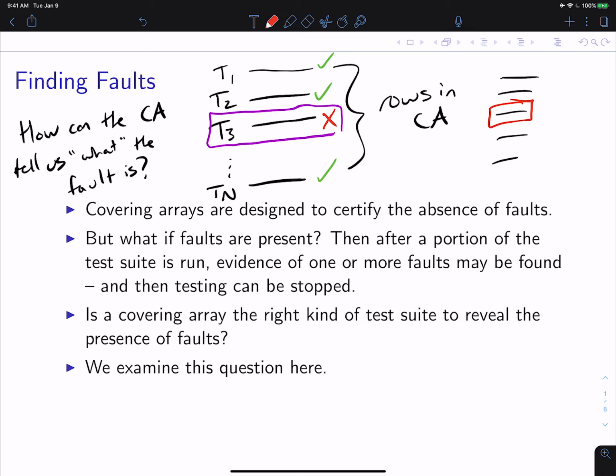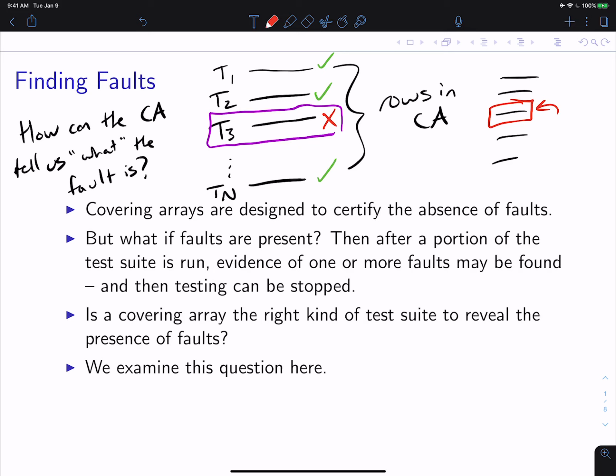What we can do is look into this row and look at the interactions that uniquely happen at that location. If we know that there's exactly one fault in the system, then we can look at interactions in that row and just test those particular interactions by themselves and not have to test the entire row.